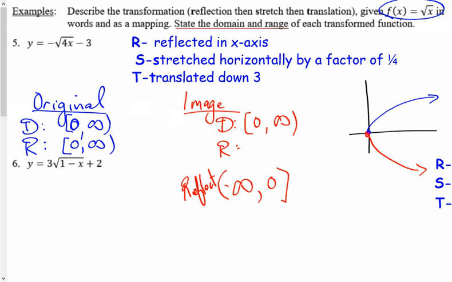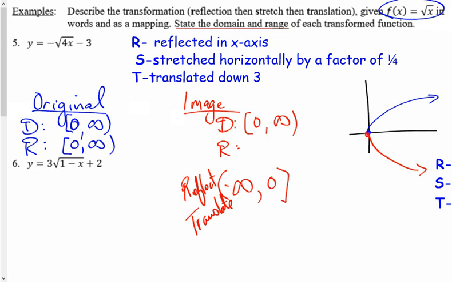And then there's no stretch, but there is a translation. So then I'm going to translate, and it's going to go down by 3.